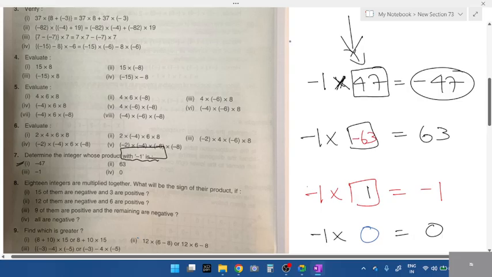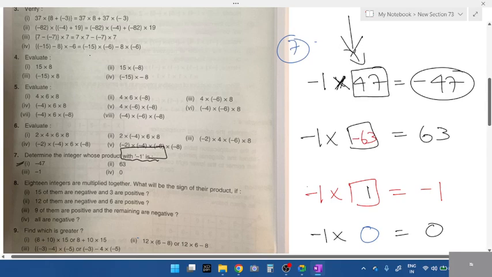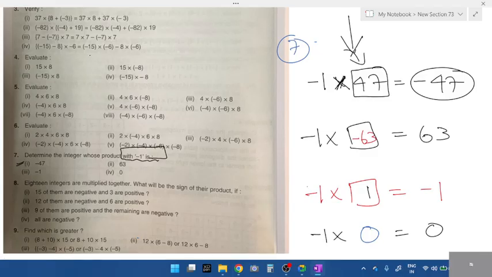This is seventh main. Is Alicia done? Hey, who is your sister disturbing you? Okay.